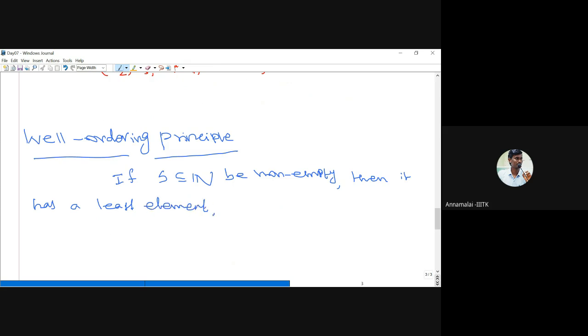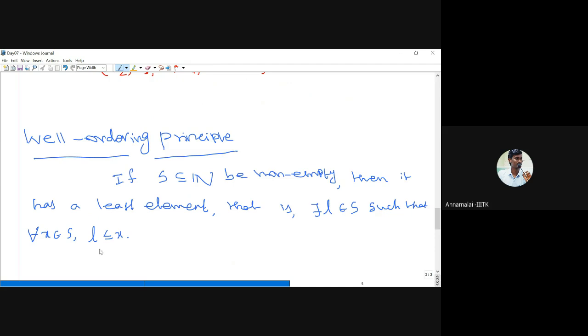That is, there is an element L in the set S such that every element x of S is greater than or equal to L. Such an L exists if S is a non-empty subset of the natural numbers.